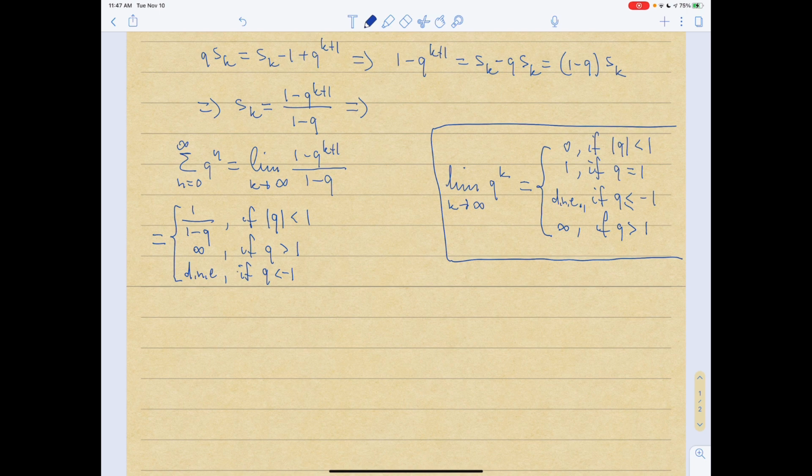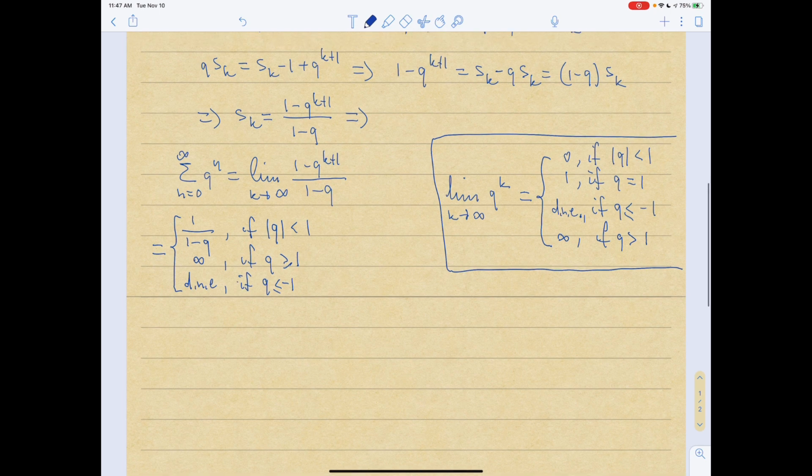Right, because that is the situation we encounter here. In fact, less or equal to minus 1, sorry for these errors, less or equal here, and less or equal there, because both for q equal to 1 and q bigger than 1, the sum is going to be infinity. So the geometric series converges only if its multiplier q is a number which is less than 1 in magnitude.